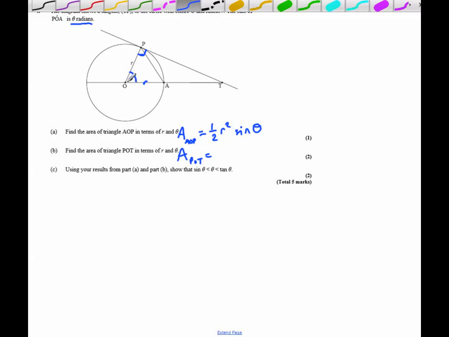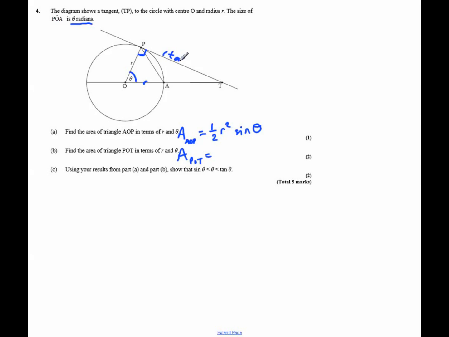Well, that's a theta, and that's an r, and therefore this is going to be r tan theta. And the way we remember this is that tan theta is the multiplier where if you've got the adjacent side to an angle and the opposite, tan is what you multiply the adjacent by in order to get the opposite.